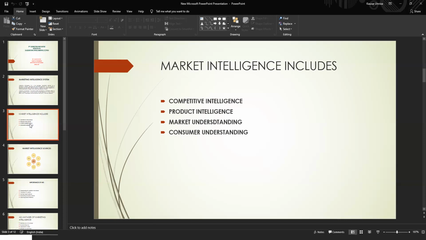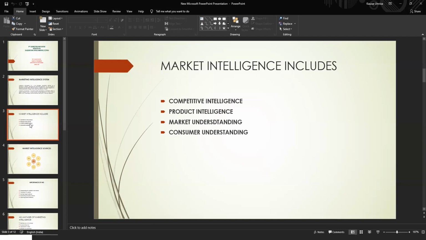This intelligence will be helpful to understand the product's strengths, the product's weaknesses, as well as the needs and wants of the target market, and what type of product is required in the market can be assessed in the case of product intelligence.